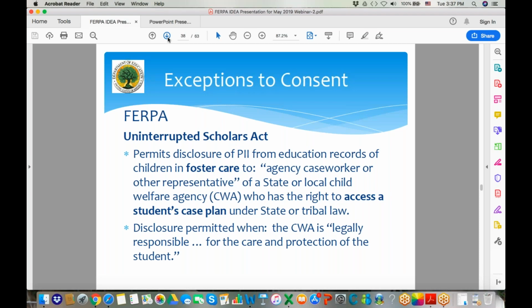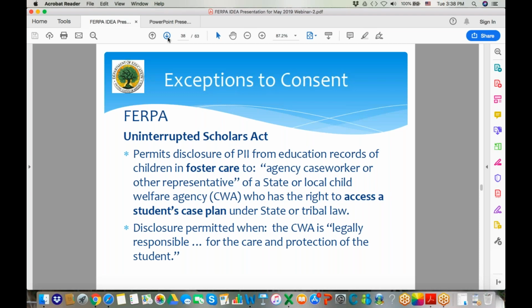Yes. Thanks, Kyle. So let's take a look at the Uninterrupted Scholars Act, and this is our most recent exception to consent. It was implemented in 2013. What had happened back in about 2006, we had a Fostering Connections Act, which was the first time they really talked about bringing together the educational system and the foster care community to make sure that those children who were placed outside the home in foster care, that their education wasn't unduly interrupted because of the fact that they were put into placement.